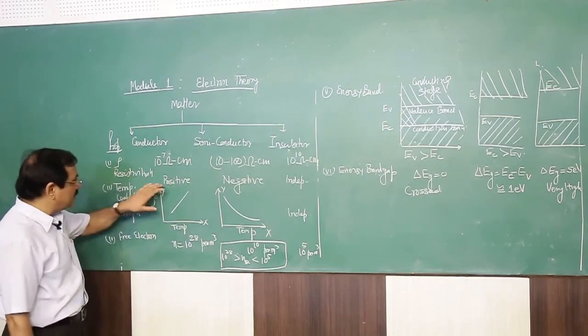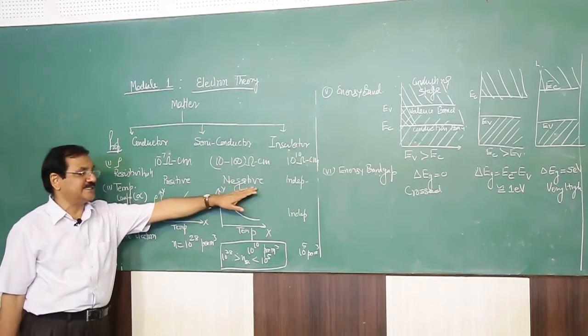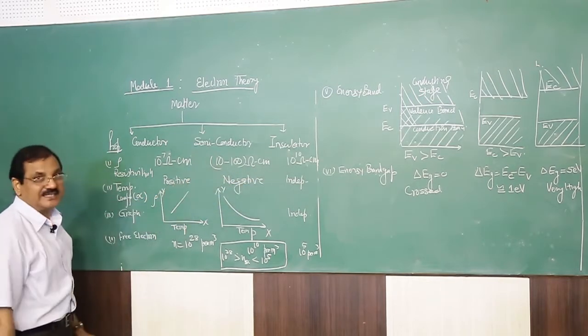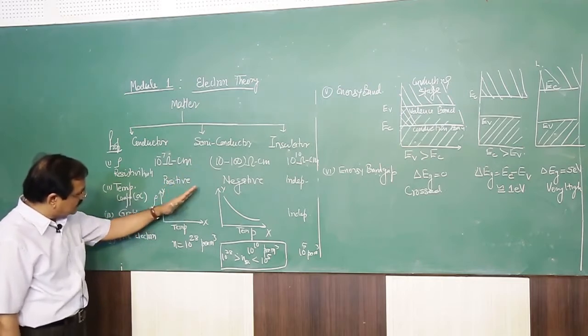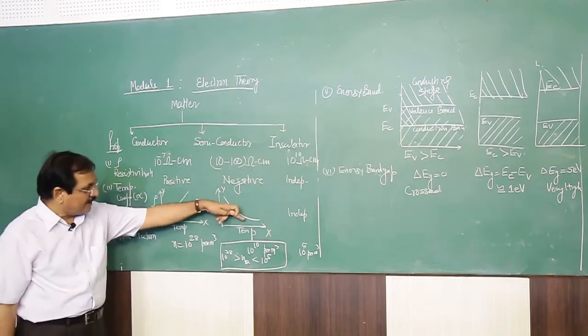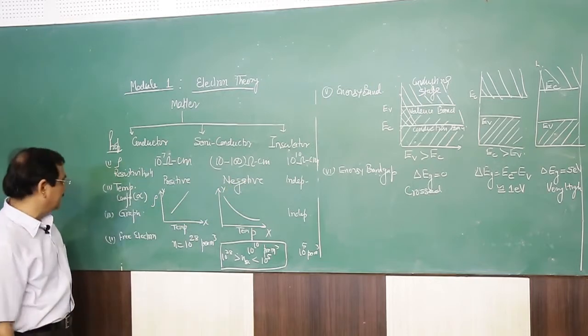In case of temperature it is positive coefficient, here it is negative coefficient, in case of insulator it is independent. So, the graph of resistance versus temperature is a straight line with positive gradient, and here it is the negative gradient.